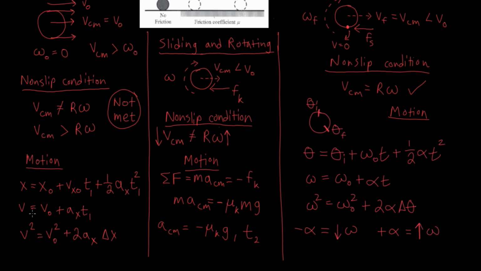And this is similar to normal kinematics, because in normal kinematics, for an object that was sliding only, let's say it had a positive linear acceleration. That would indicate that the velocity of the object is increasing.